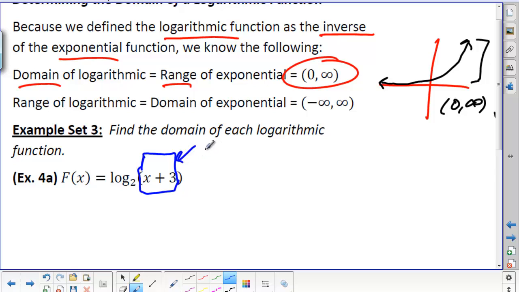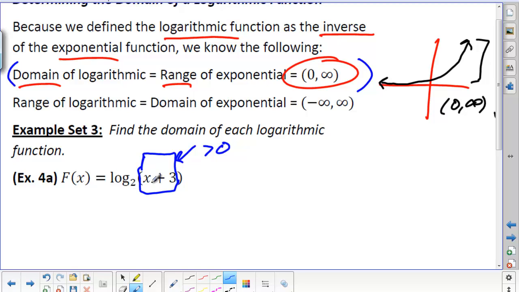This has to be greater than 0, okay? Because we can't take log base 2 of a negative value. That violates what we've got up here about the domain being the same as the range of the exponential function, just those positive values.